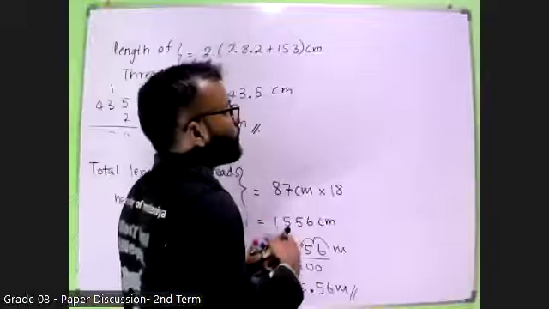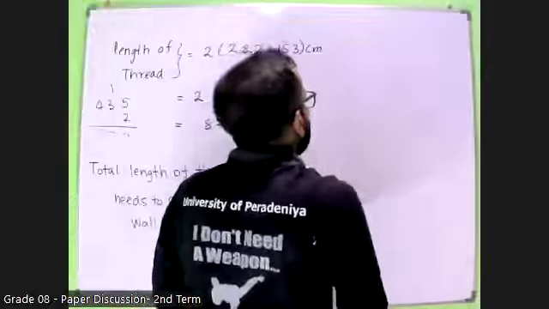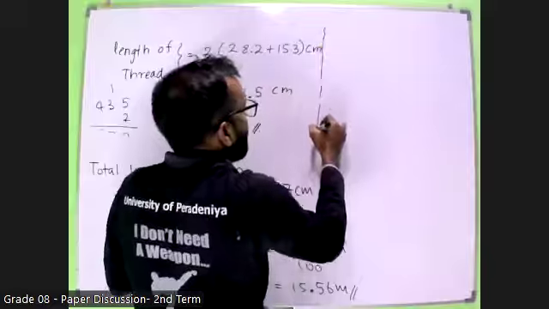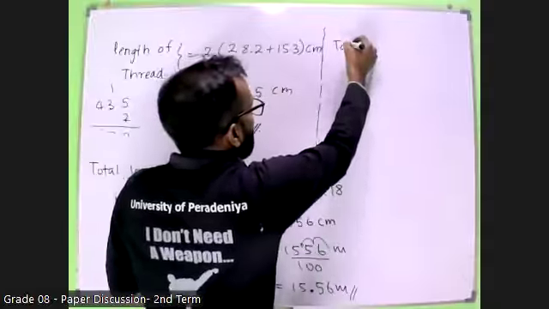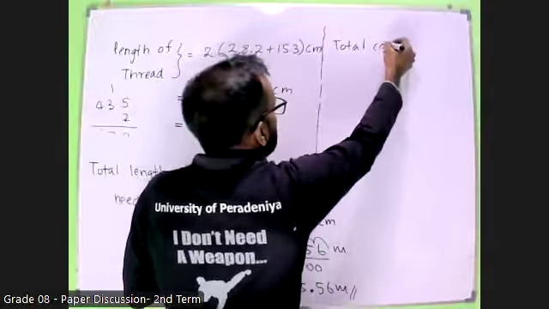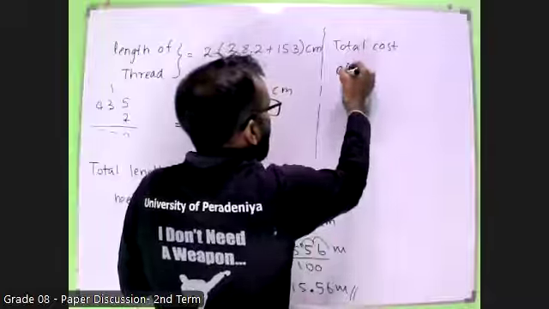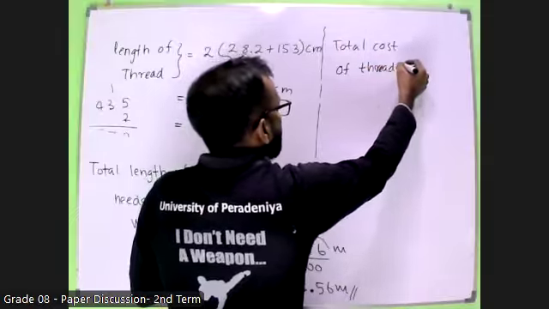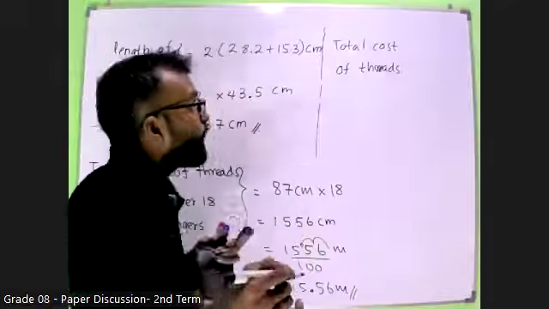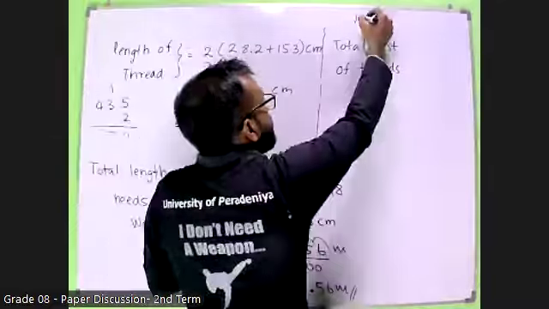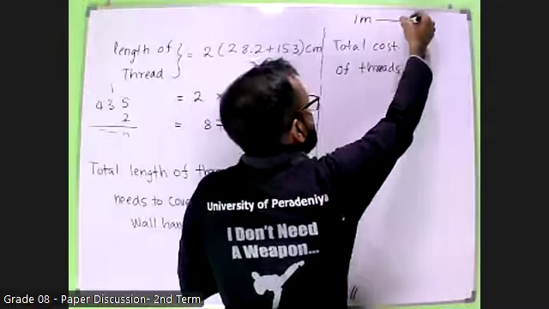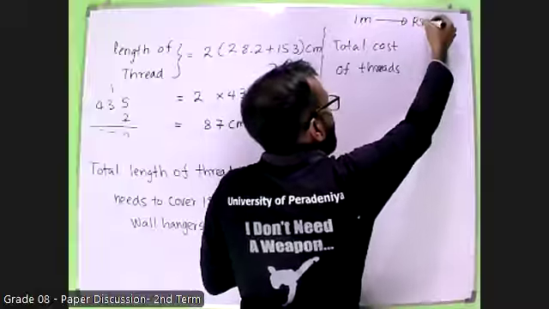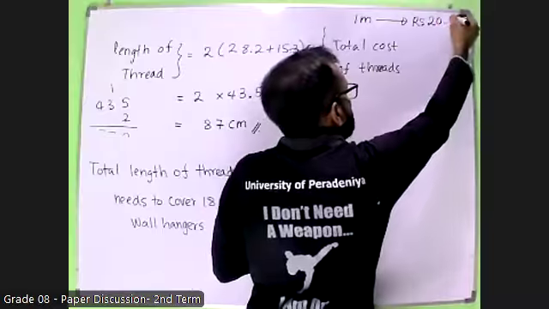How do we find the total cost of the thread? They have given us that 1 meter of the thread costs 20 rupees and 50 cents.